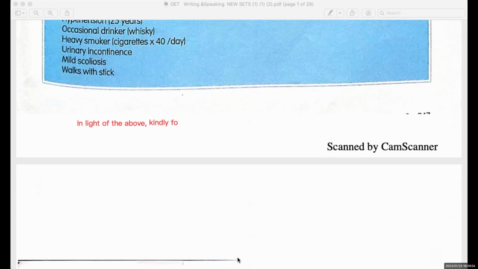So let's write like this: In light of the above, kindly provide ongoing care to Mrs. What was her name? Price. Done. Game over.